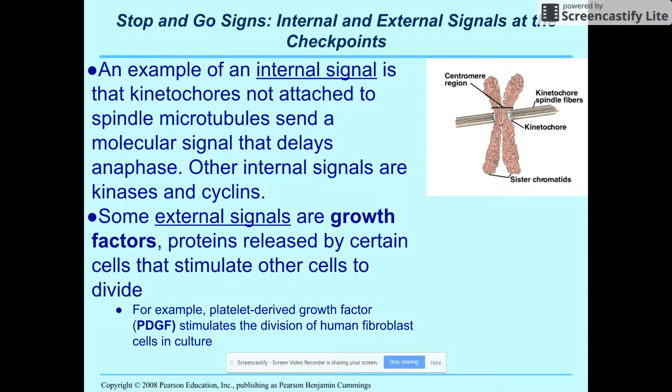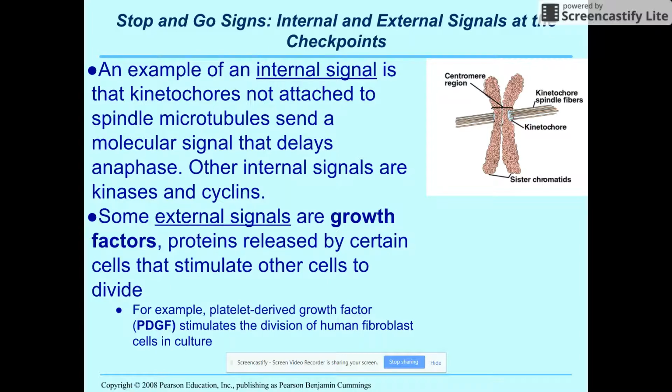Other examples of internal signals we've already covered when we talked about kinases and cyclin, and how CDK is part of that checkpoint in mitosis. We also have external signals called growth factors. These make sure that our cell is completely ready before it goes on to the next phase of mitosis.